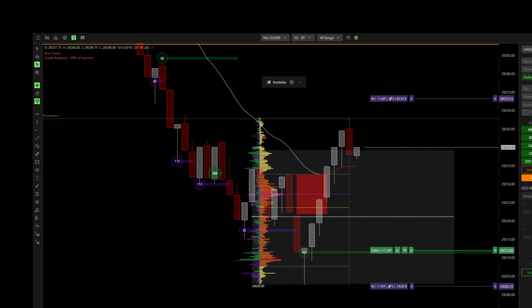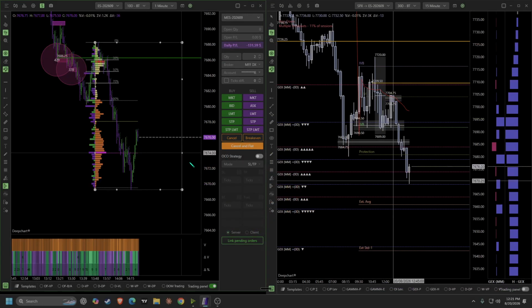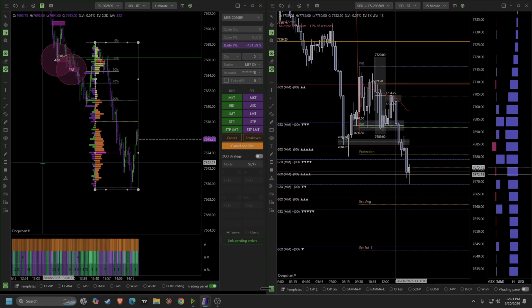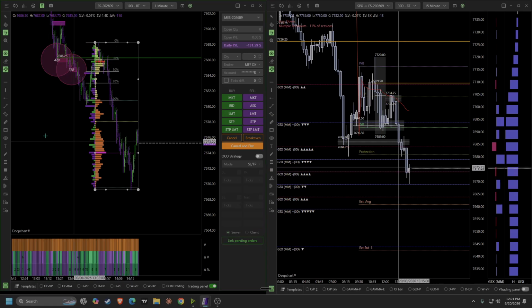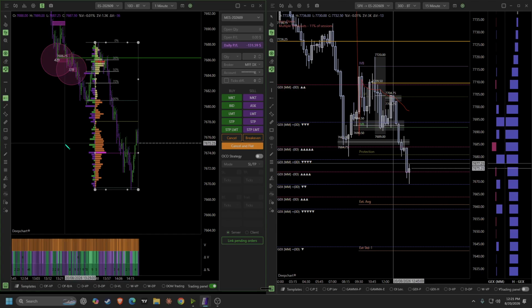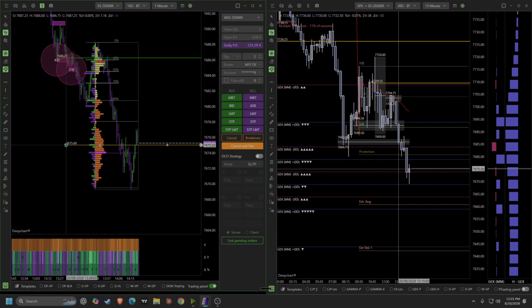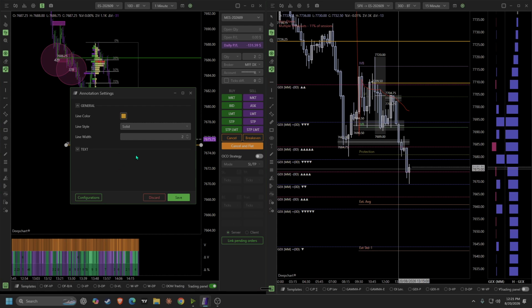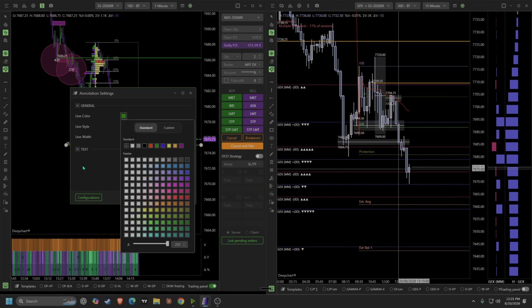See what our levels look like over here on S&P. This might be the bottom for now.